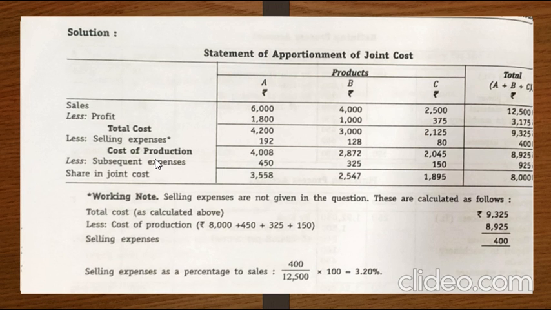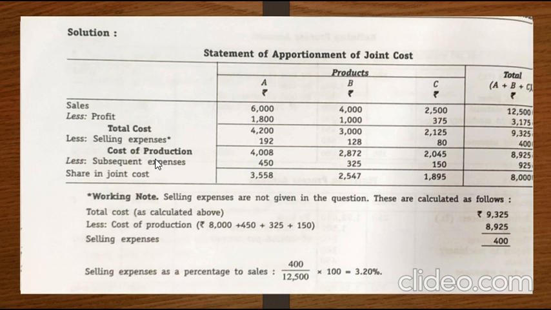Here we are going in a reverse order, where selling price is top, then you will minus your profit, you've got your total cost. Then you need to minus your selling expense to get your cost of production. Then after getting your cost of production, you need to minus all your direct expenses, that is labor, materials.